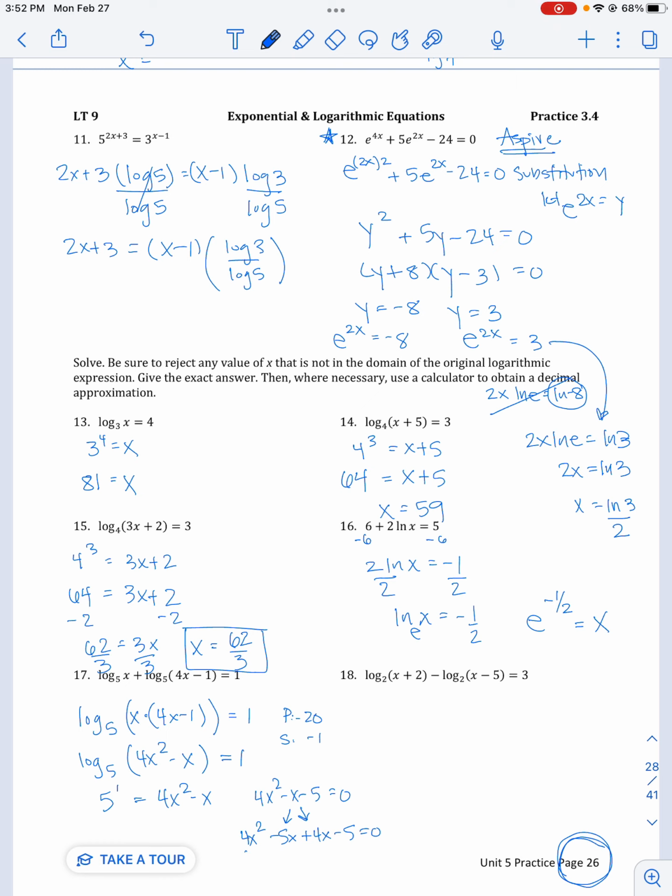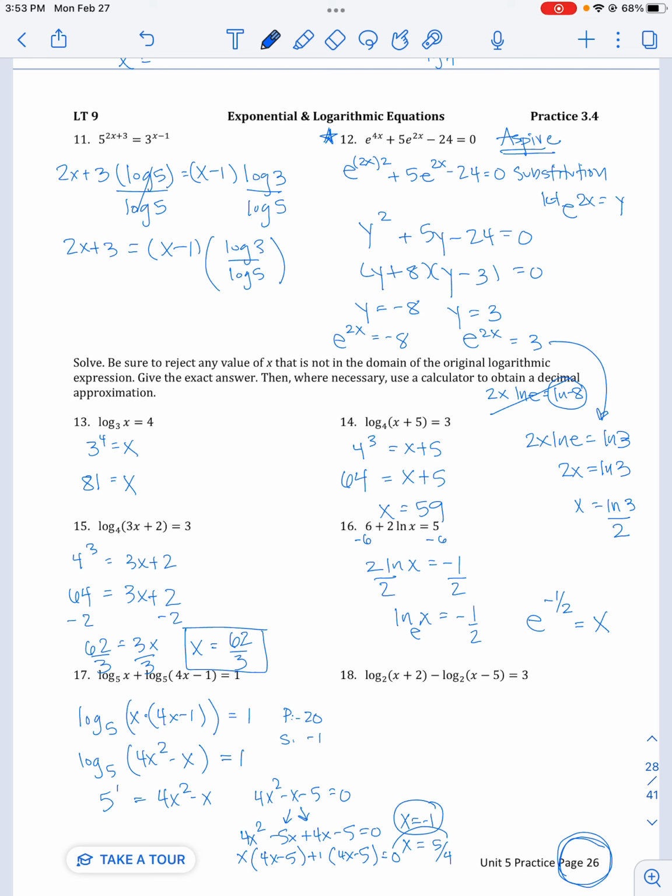Factor out an x here, and I get 4x minus 5. Factor out a 1 here, and I get 4x minus 5 equals 0. Set each of those equal to 0, and x equals negative 1, and x would equal 5/4.